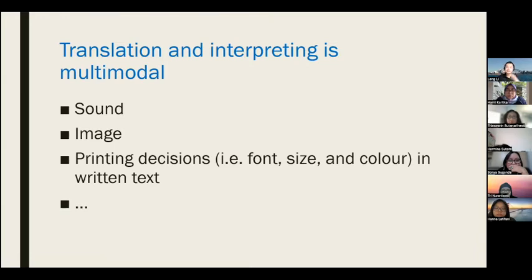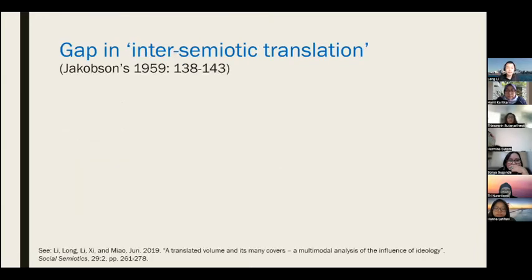There are many different semiotic systems, or systems of meaning making. But within translation studies, there remains a gap in multimodal translation, or what Roman Jakobson terms inter-semiotic translation. That is the translation of one semiotic system like language to another semiotic system like image or graphic design.